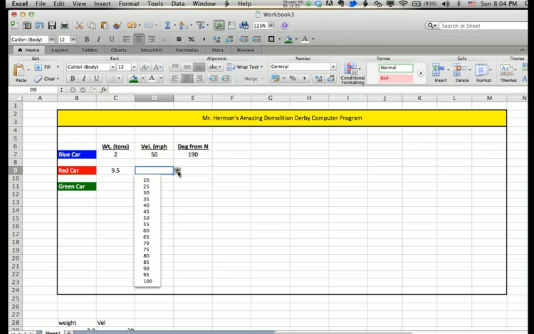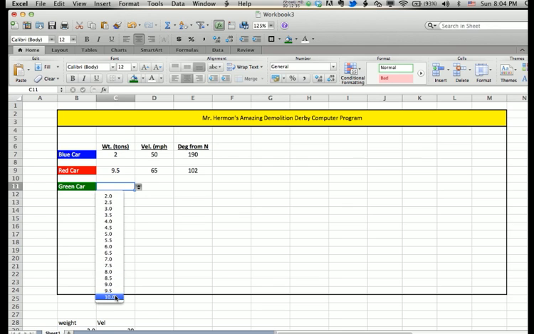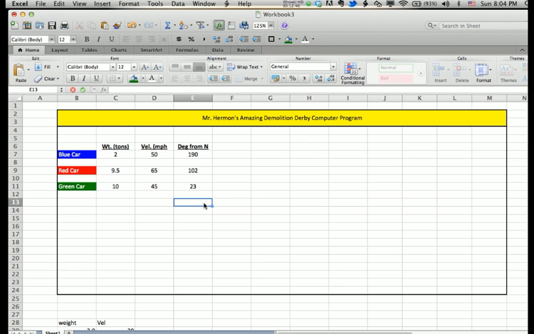And I have a program that I've already made that you can download and check your data against to make sure it's right, because I hope my program's right. And the green car, let's go 10, the velocity of 45, and degrees from north, 23 degrees from north. So we've got some data in here now for these.